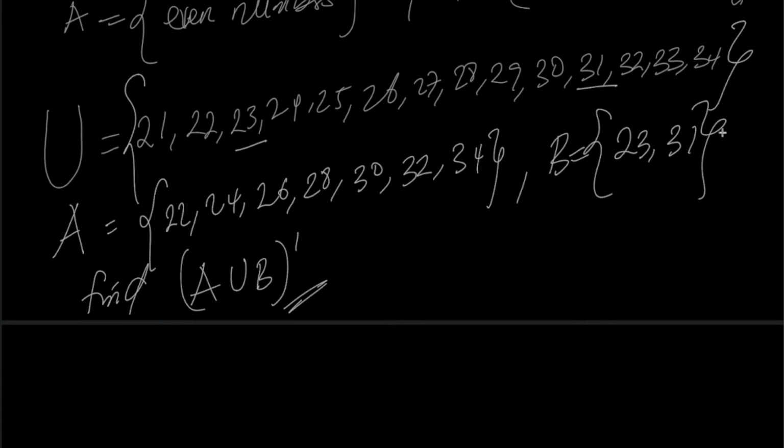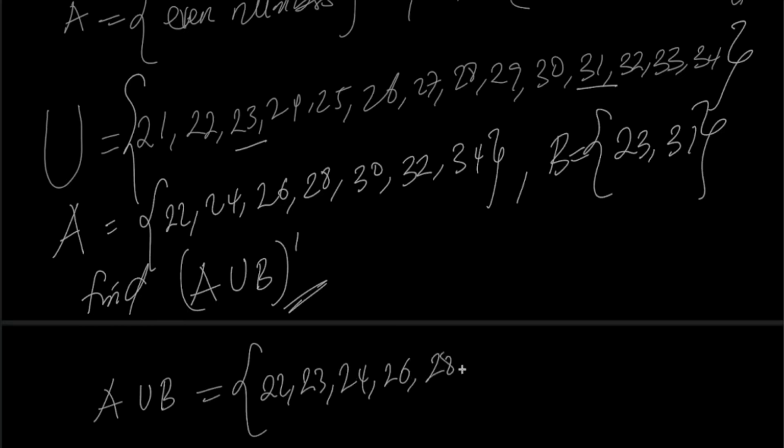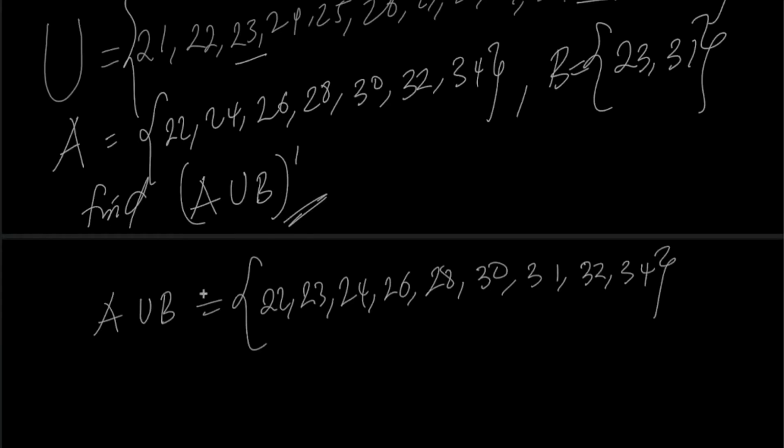That is, all of them must appear in the union. Let's find the union first. Everything here and everything here: 22, 23, 24, 26, 28, 30, 31, and the complement of this, that is the numbers in the universal set that are not here.